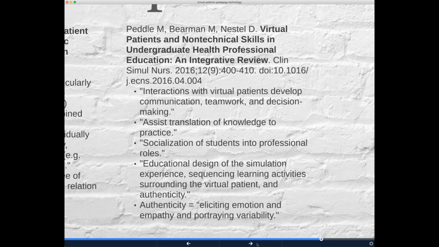They also explored the theme of authenticity and found that authenticity has an impact on learner engagement. And they define authenticity in this paper as eliciting emotion and empathy, which is particularly important when there's a communication aspect. And portraying variability. Now, portraying variability relates back to the development of expertise, again, where we develop expertise at problem solving by solving lots of problems of a certain type, but it's important that there's variability in that problem.